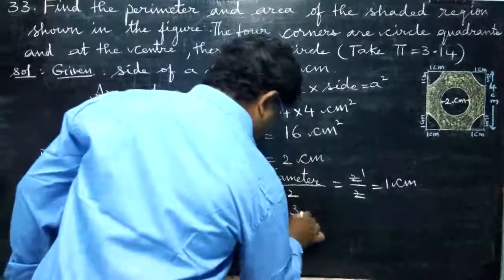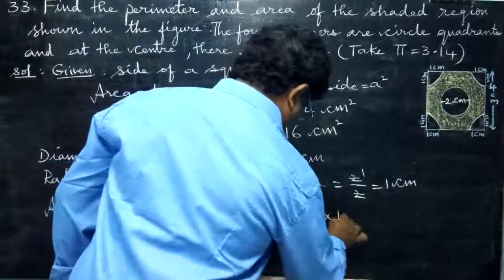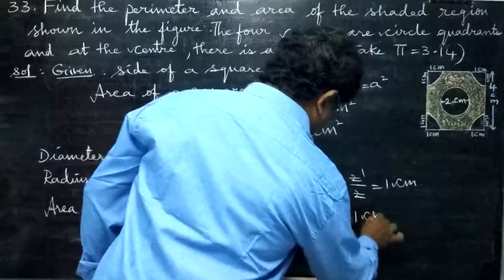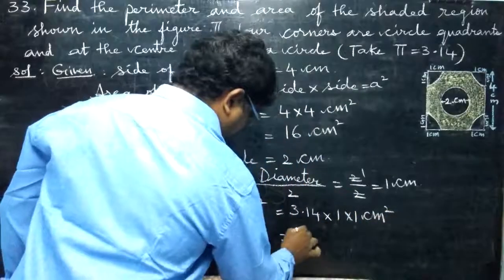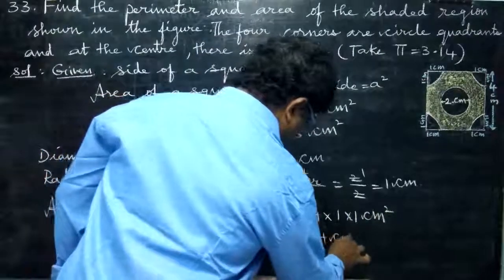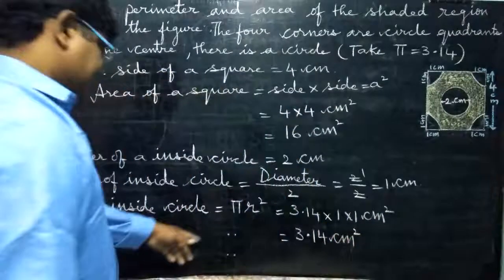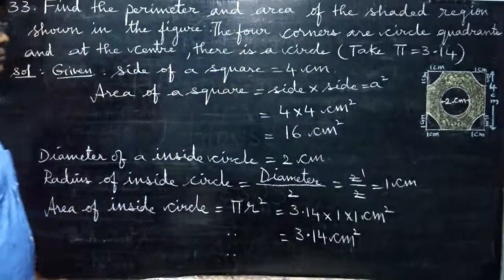So 3.14 into 1 into 1 square centimeter, which is 3.14 square centimeters. This is the area of the inside circle.